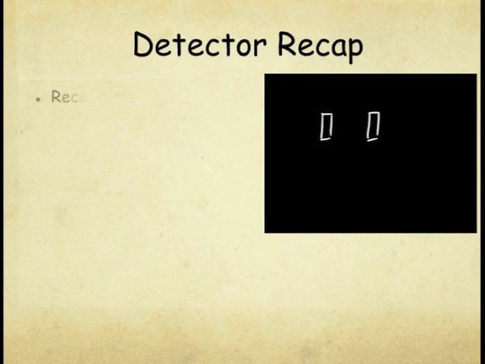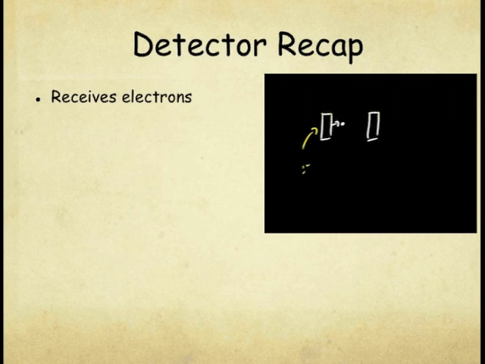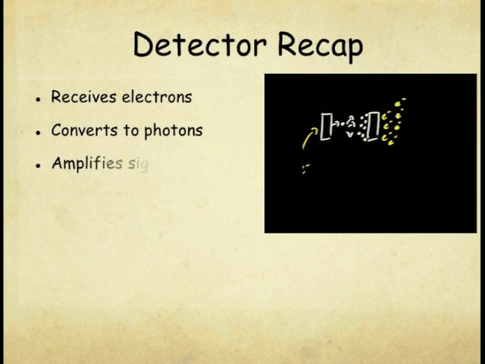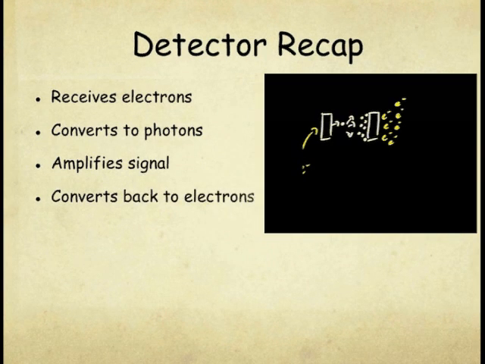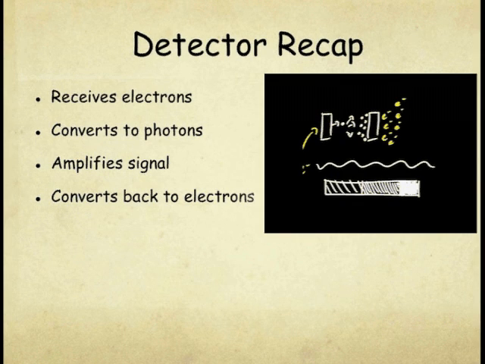Putting all this together, a detector receives incoming electrons, whether secondary or backscattered, converts them into photons, amplifies that number of photons, converts that signal back into an electric signal, and then you, the operator, can further amplify that signal by increasing the gain. This is simply done by changing the brightness of your image. The whiter area of the image then simply means more electrons were emitted from that area of the specimen, but the overall whiteness of the entire image is set by the brightness gain.